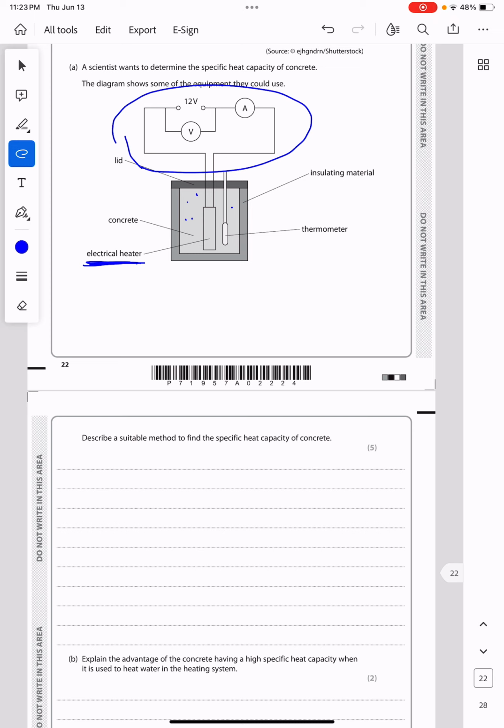Tamam? So this whole experiment is to find out the specific heat capacity for the concrete. And so we heat the water in order for it to be in equilibrium with the concrete, and then we can find the temperature of the concrete, right? This is the idea of the water bath.